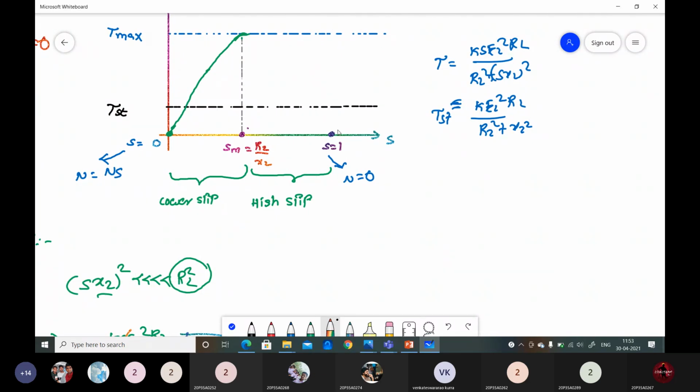So this is at S equal to 1. S equal to 1 means the rotor speed becomes 0, n equal to 0 at slip s equal to 1.